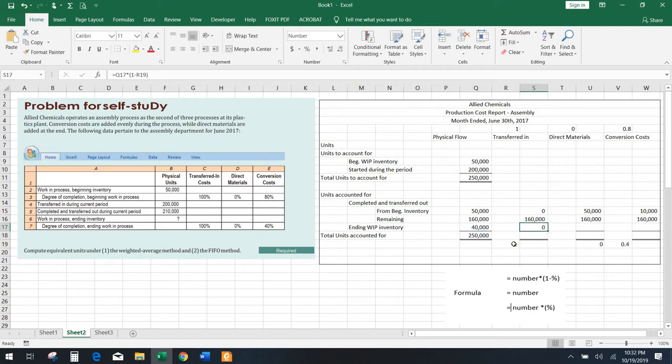Okay, and this equals the number multiplied times the percentage.